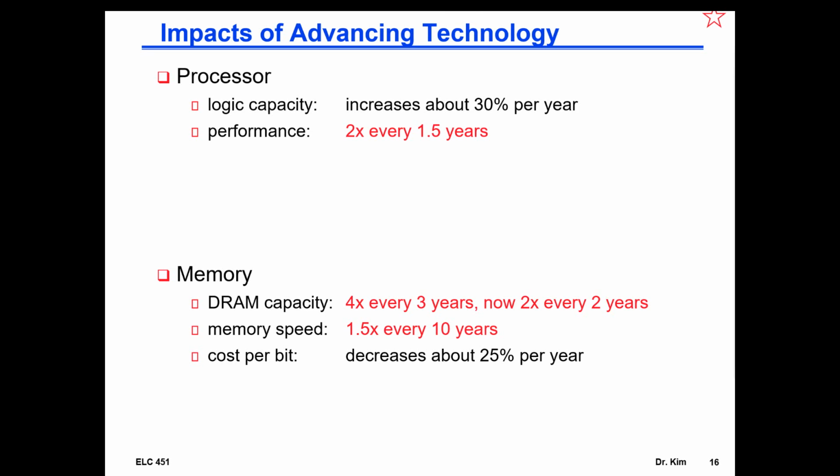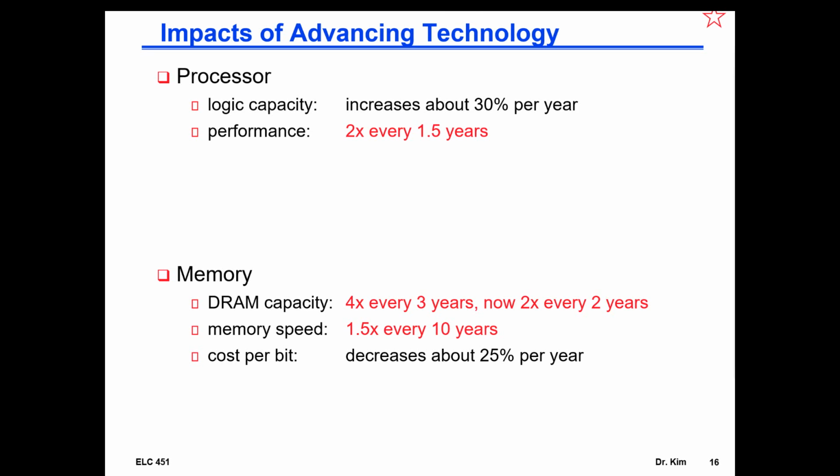Now it's more like it doubles every 2 years, but as we'll see, the DRAM is not just transistors, it also holds the data in capacitors. So it's not strictly a transistor type of circuitry. It has capacitors, and that skews what we get a little bit.